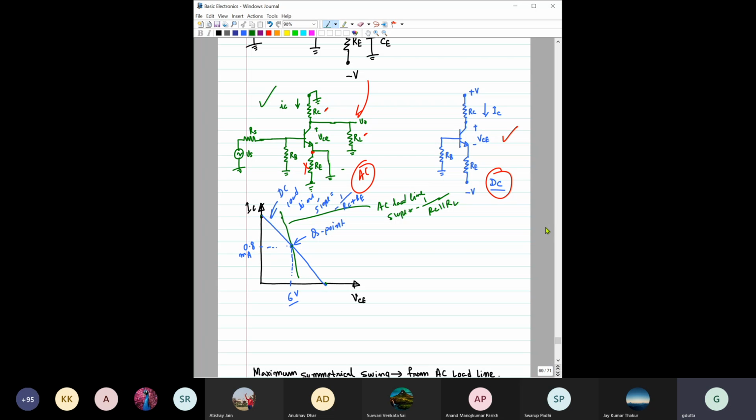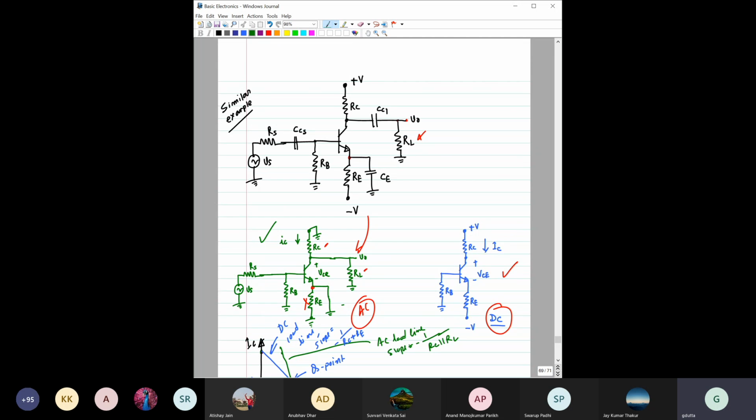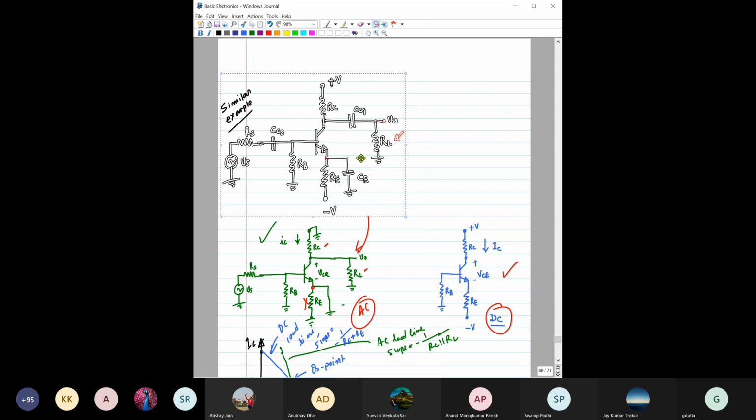And the other way would be how can we connect it with the small signal analysis? Maybe quickly let us do a small signal equivalent circuit of this as well. That would help us in a couple of ways. So I am now planning to draw one small signal equivalent circuit.